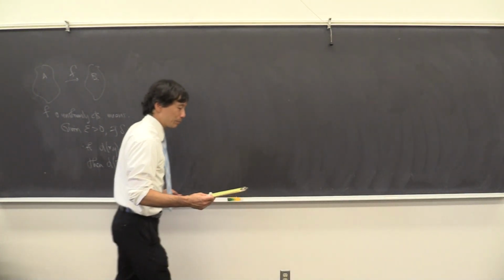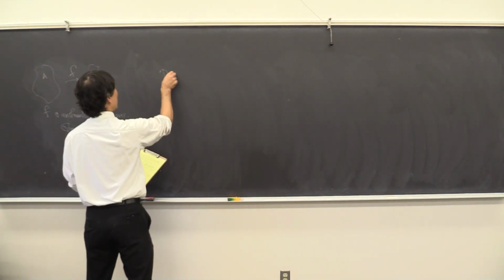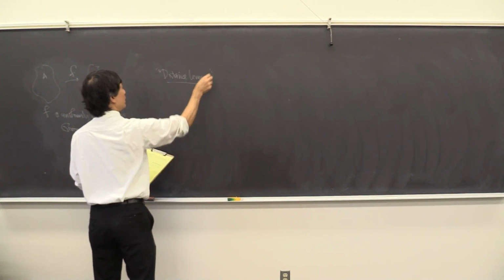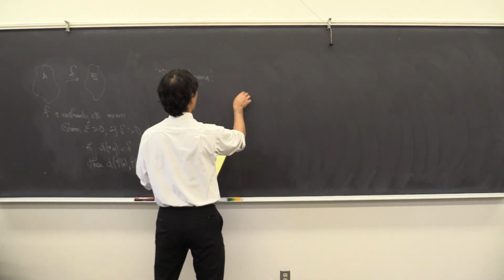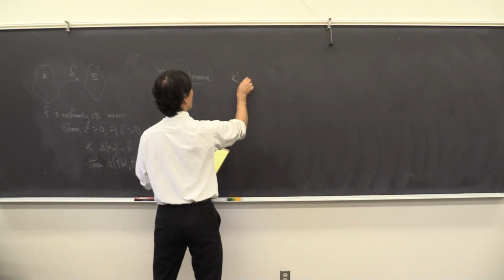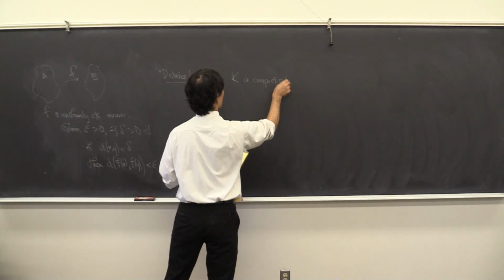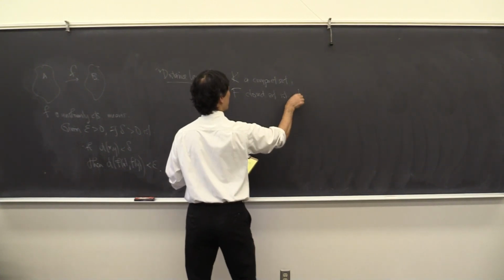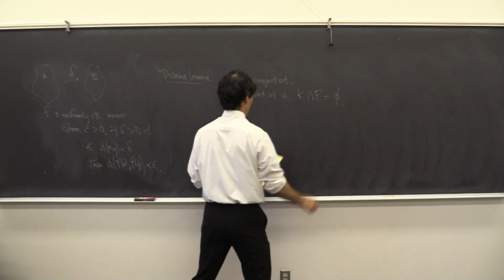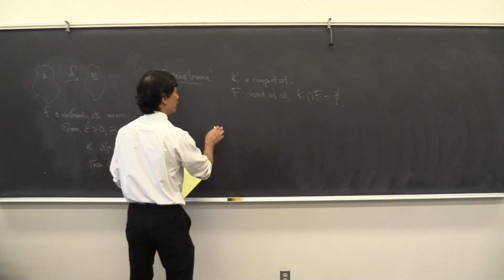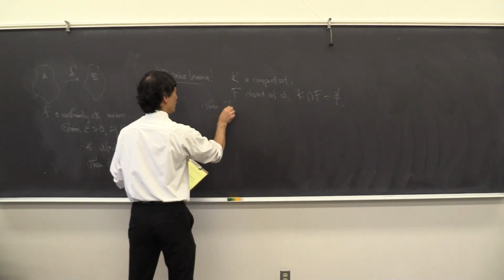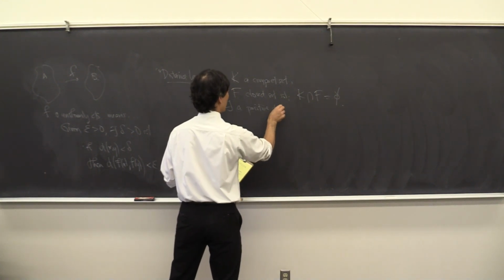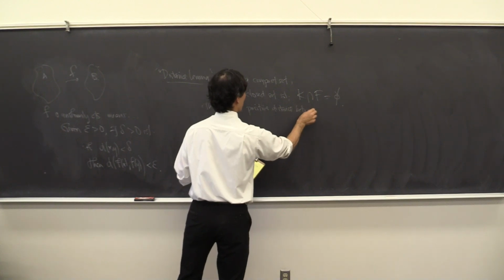Okay, and here is something that I think we're going to need, which we'll call the distance lemma. So basically it says the following: whenever you have a compact set K and a closed set F such that K intersect F is empty, then, roughly speaking, there exists a positive distance between the two sets.